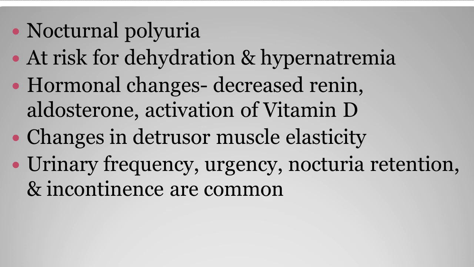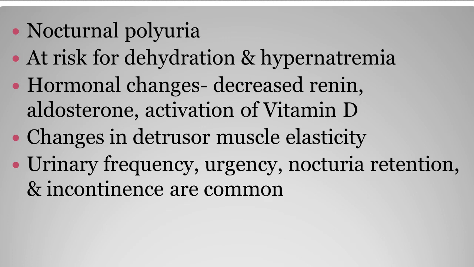As we age, there's a decreased ability to concentrate urine, so people have more urgency and nocturnal polyuria. Decreased hormones such as renin, aldosterone, and activation of vitamin D all occur in addition.